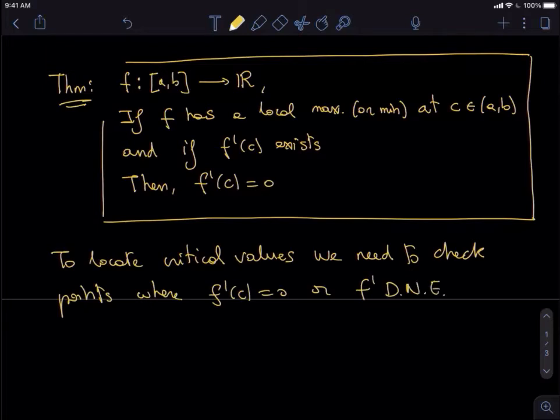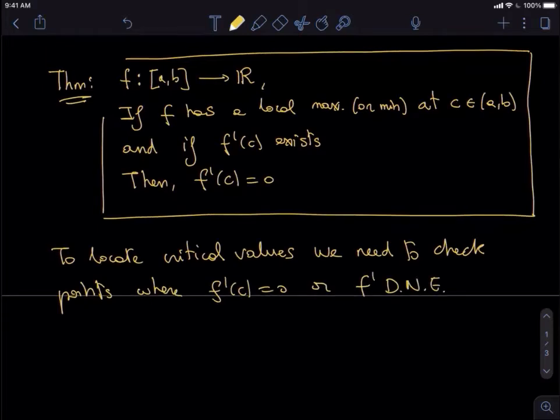Those are the points where we need to search. And this is very convenient because suddenly these are just a few points. So it tells you where to look for extrema.